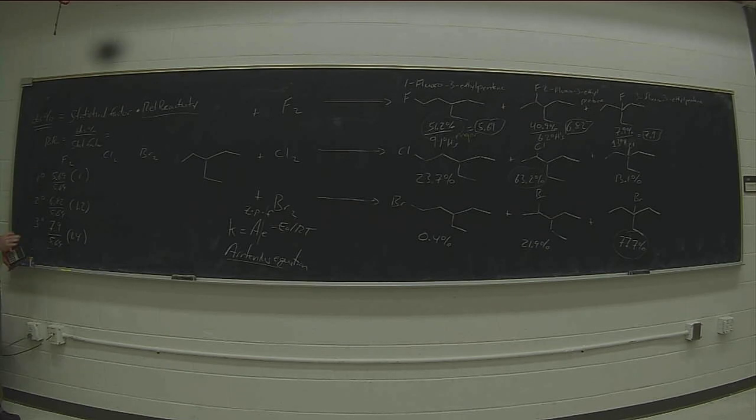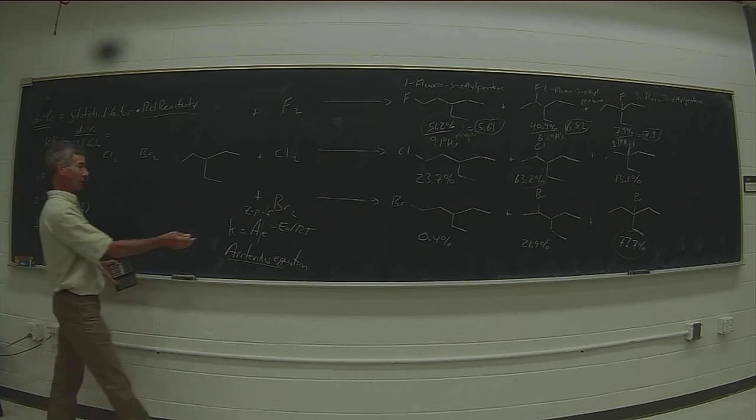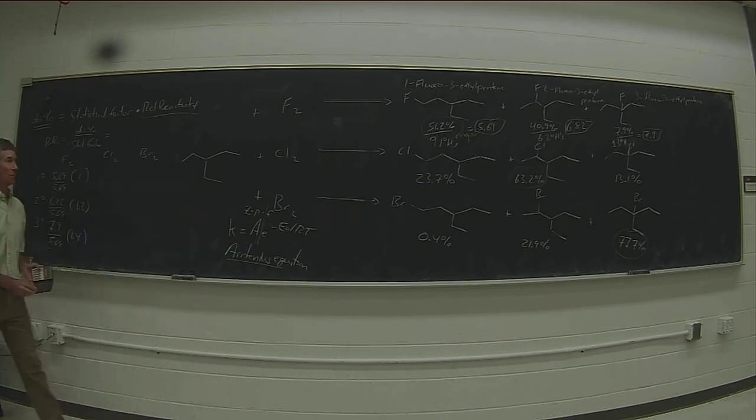So a collision of fluorine radical with a secondary hydrogen to form 2-fluoro-3-ethylpentane is 1.2 times as likely to happen as the collision with the primary hydrogen to form 1-fluoro-3-ethylpentane. And the tertiary hydrogen is 1.4 times as likely to have enough energy to get over this activation energy barrier as the primary. Not very different from 1 to 1 to 1, but a little bit, right?